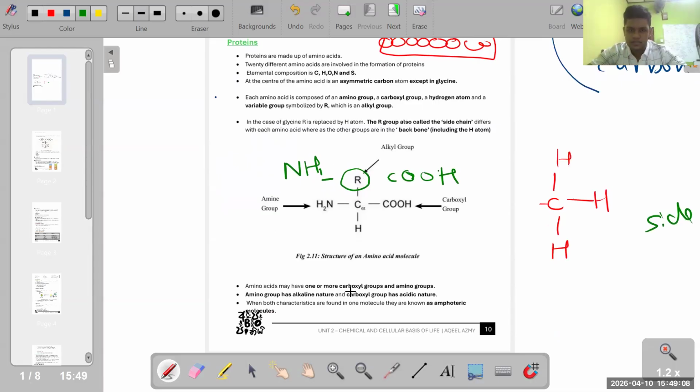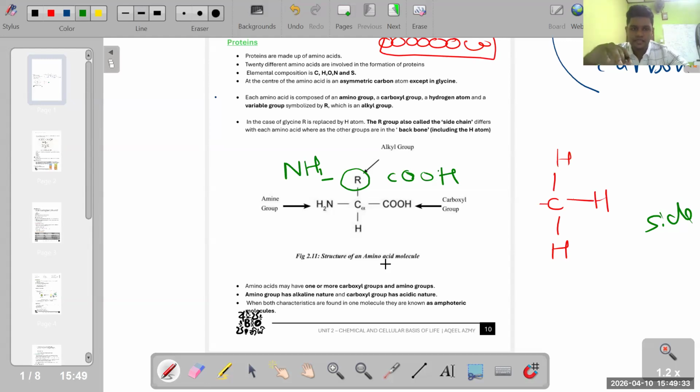So this part, this complete page, just go through it. Yeah, alkaline means basic, right? Alkaline means basic. Basic refers to the pH, right? In the pH scale, more than 7 means basic nature or alkaline nature.